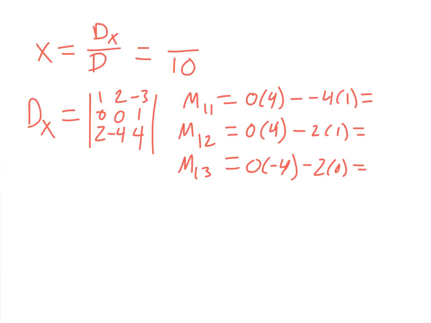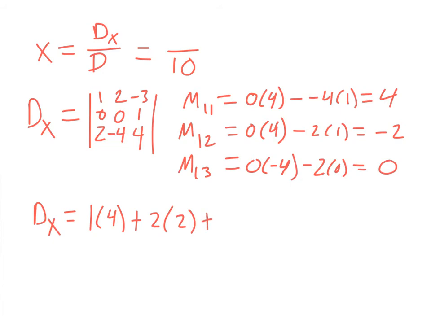That would leave us with 4, negative 2, though that'll switch to 2, and 0. One times 4, 2 times positive 2, plus negative 3 times 0, so that one's just kind of gone. We end up with basically 4 plus 4, and we get 8, which means an 8 goes there.